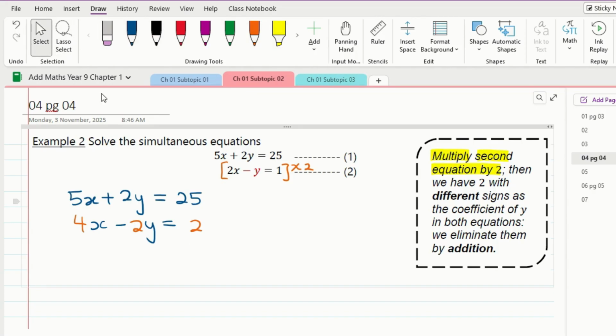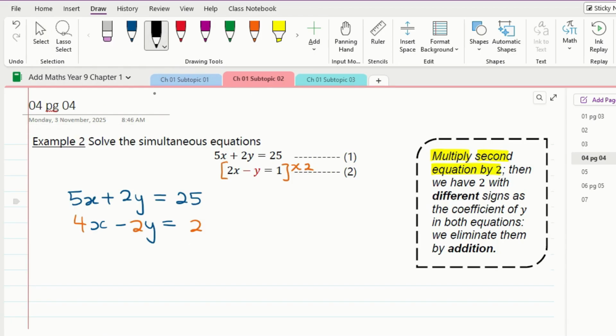Now, you can notice that you have 2 different signs as the coefficient of y in both equations. So what we do is we eliminate them by addition.